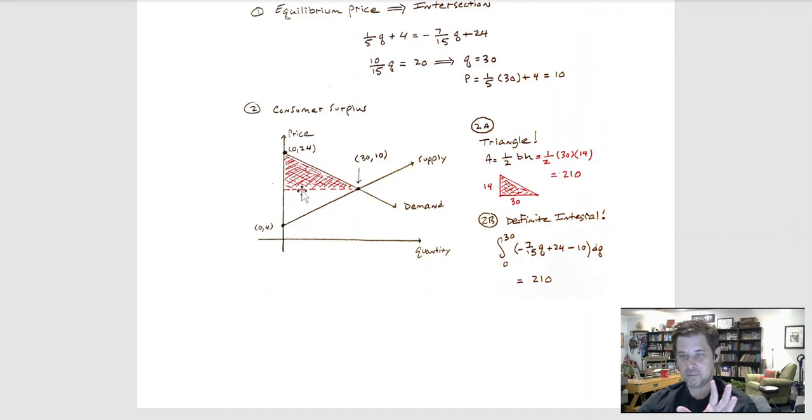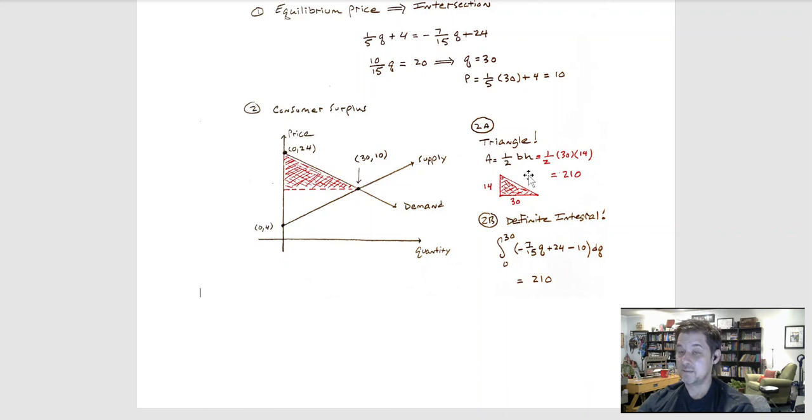So I looked on my graph and tried to figure out the dimensions of this triangle. If this point is 24, but this horizontal line is 10, then that makes the height 14. And if this triangle stretches from right here on the vertical axis over to 30, then the base is 30.